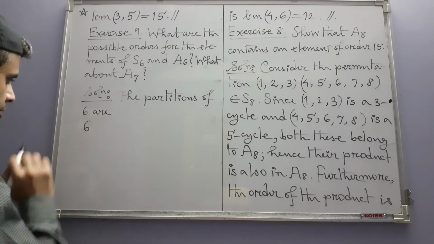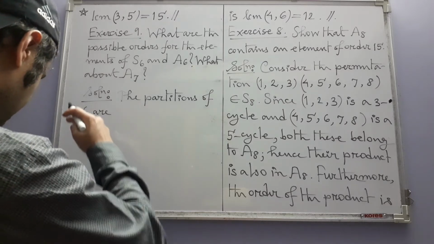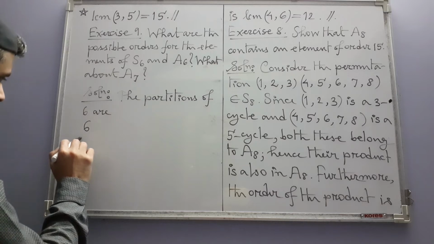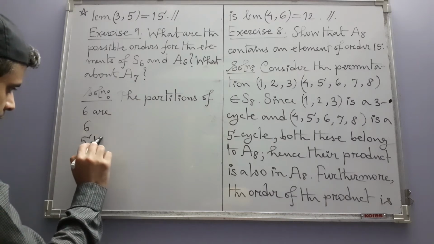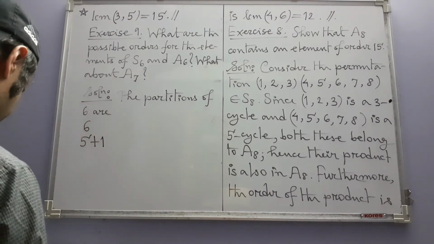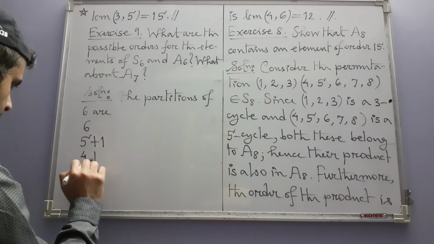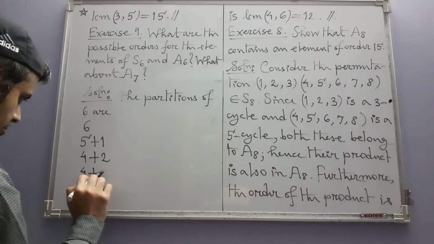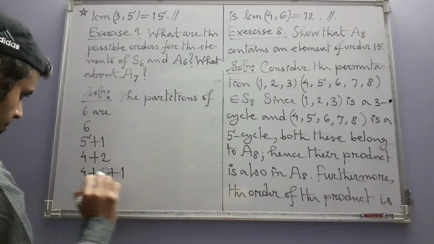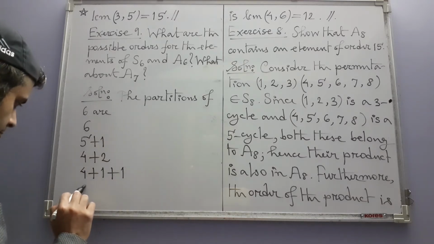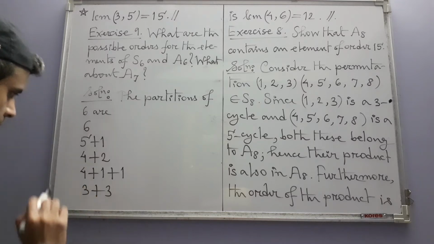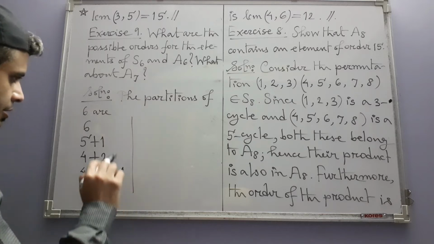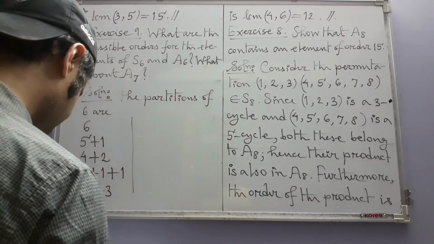For easy readability, I will write it as a column: 6, then 5 plus 1, then 4 plus 2, 4 plus 1 plus 1, 3 plus 3.